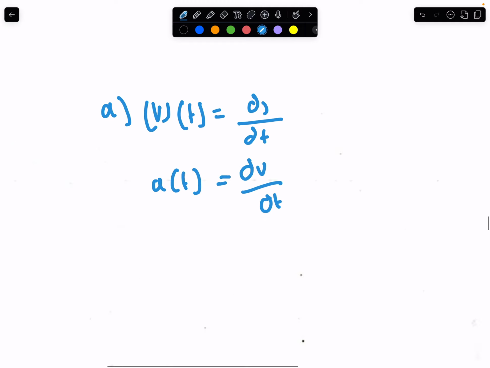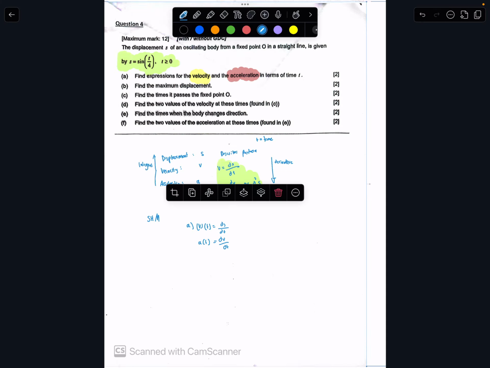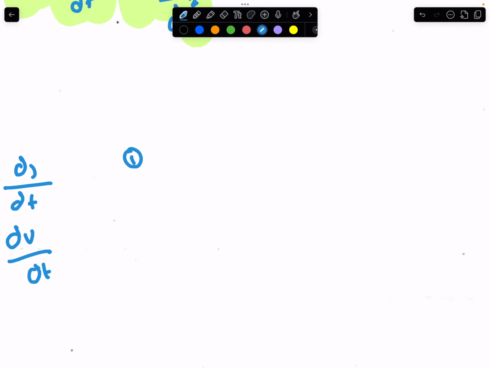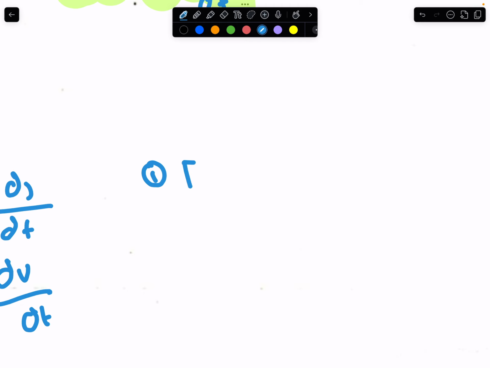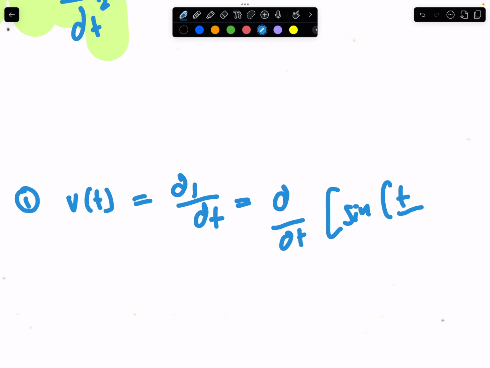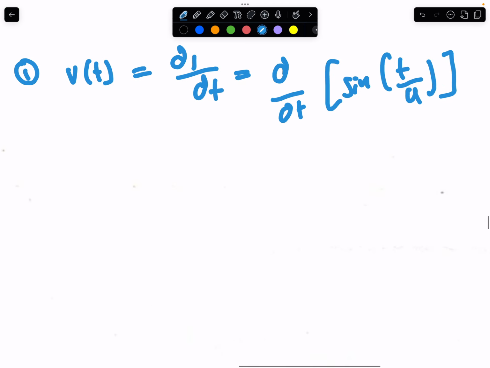So step 1 for question A is finding velocity. To find velocity, we use the chain rule. ds/dt is equal to d/dt of sine t over 4. The derivative of sine u is cos u.